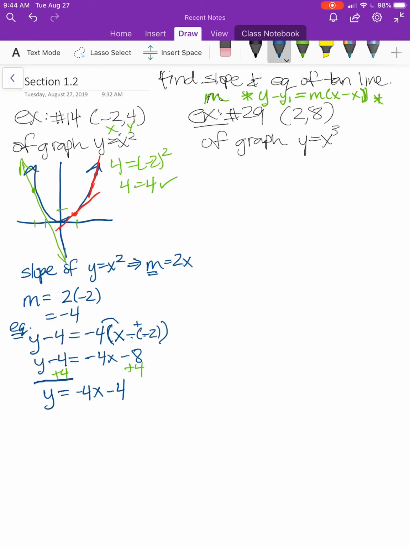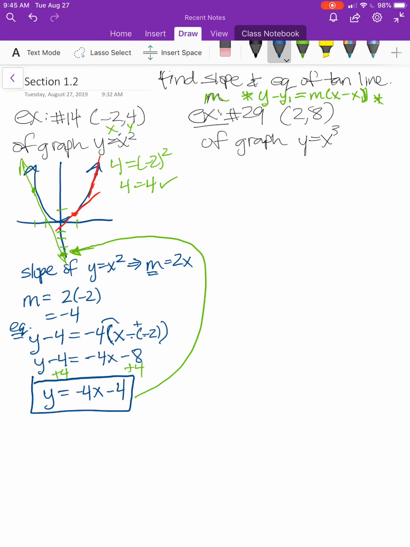This is the equation of that line I drew above the rough sketch. And glancing at that, that looks about right. The slope looks about negative 4, it's pretty steep. And the y-intercept on the rough sketch is somewhere down there at about negative 4. Always visualize the accuracy of your answer.